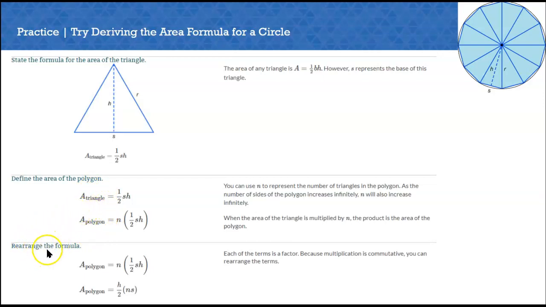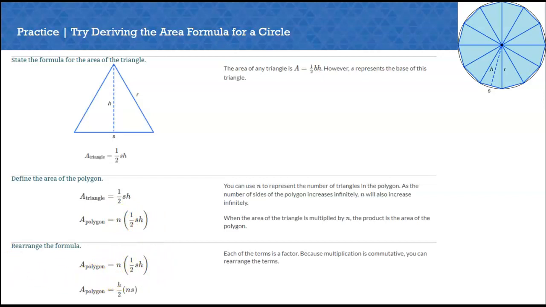We're going to rearrange the formula. We did this with the Pythagorean theorem when we knew the hypotenuse and we were looking for the leg. Anytime that you move a formula around by dividing or multiplying, or in this case, all we're doing is literally moving positions because multiplication is associative.